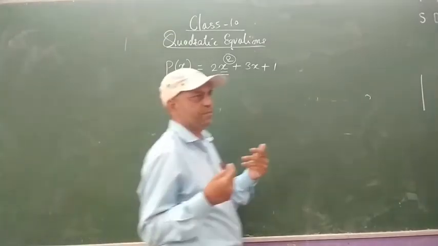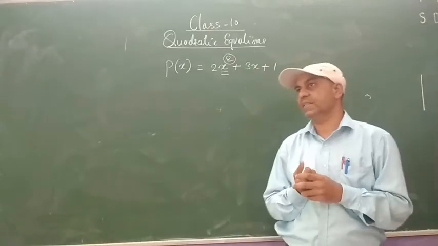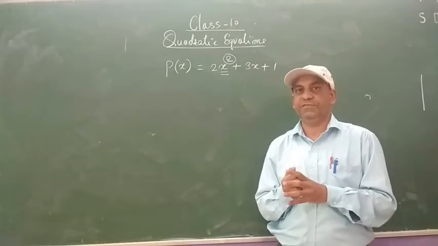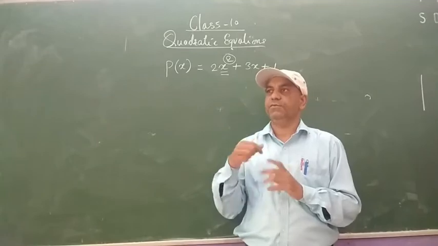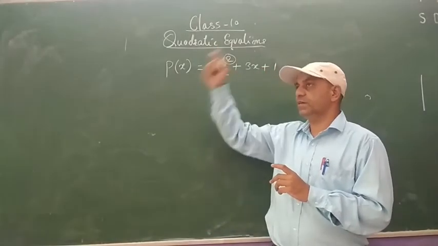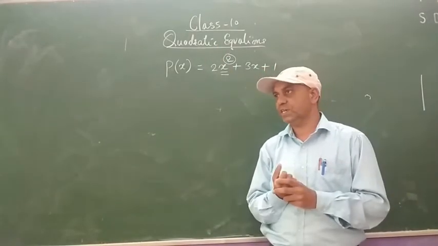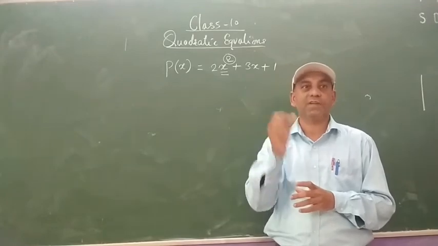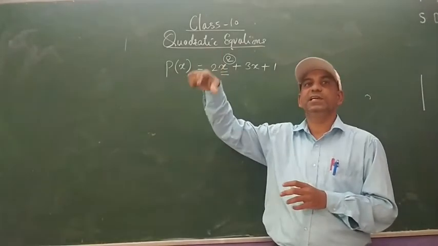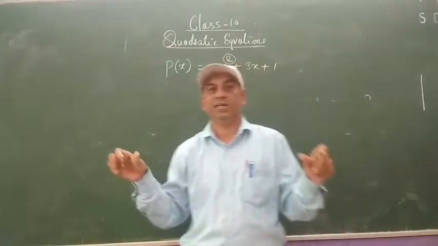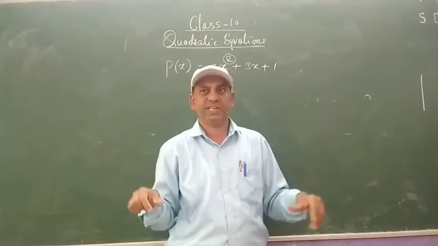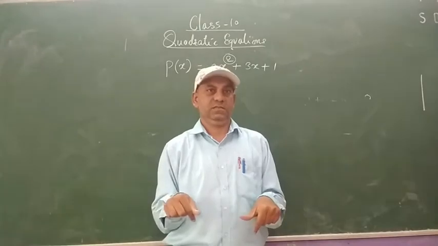There are so many situations in mathematics that we can write in the form of an equation. In this chapter we take some situations and write them in the form of quadratic equations. Suppose I am standing on a rectangular floor.